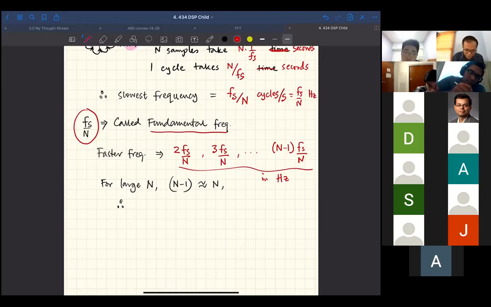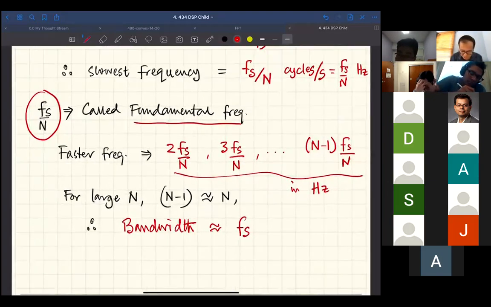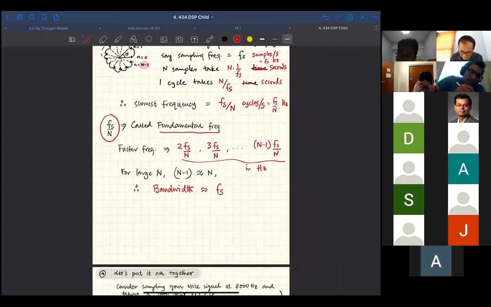Therefore, assuming the signal has all these frequencies up till n minus 1 times Fs by n, the bandwidth of the signal is Fs. Because when n minus 1 is almost equal to n, then n minus 1 times Fs by n becomes Fs. So the bandwidth of the signal pretty much is the sampling frequency that you used.